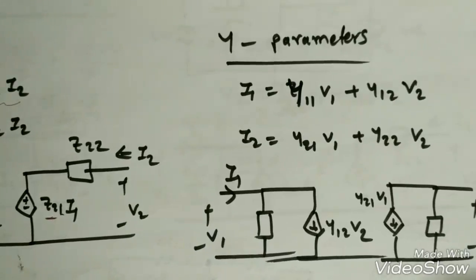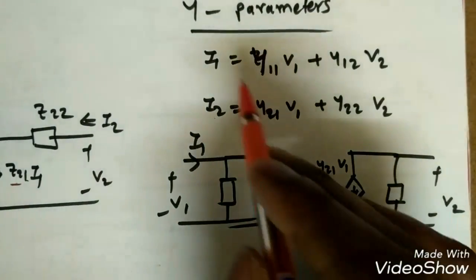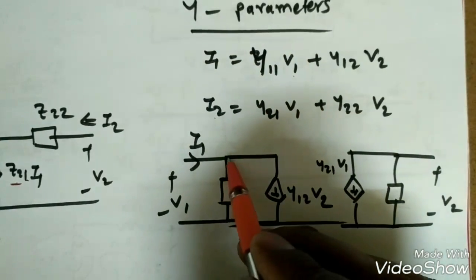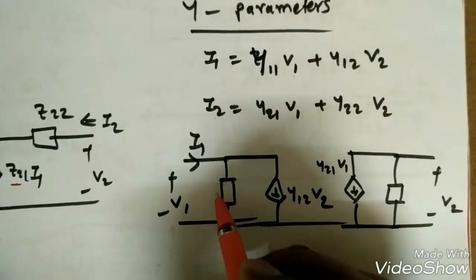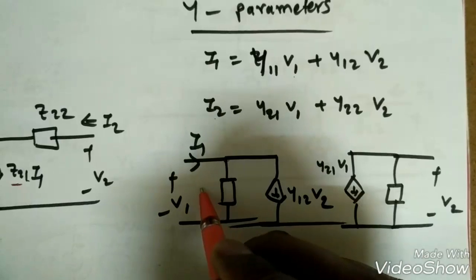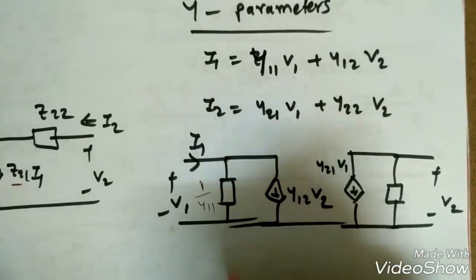Similarly, I can go for Y parameters. From the equations only we can derive like this. I1 is equal to Y11 into V1. Here we need to apply nodal analysis. So the shunt element is 1 by Y11, so it is not Y11, it is 1 by Y11.